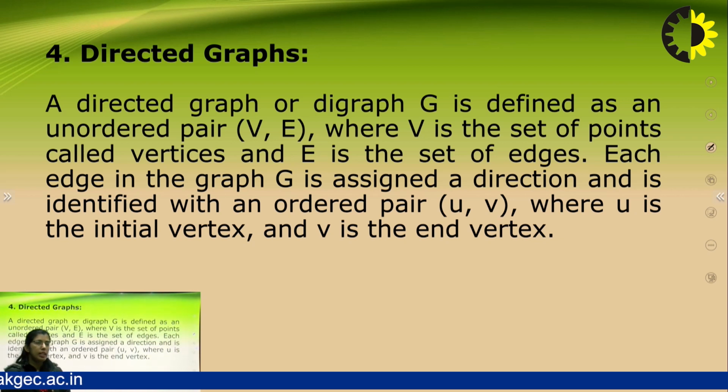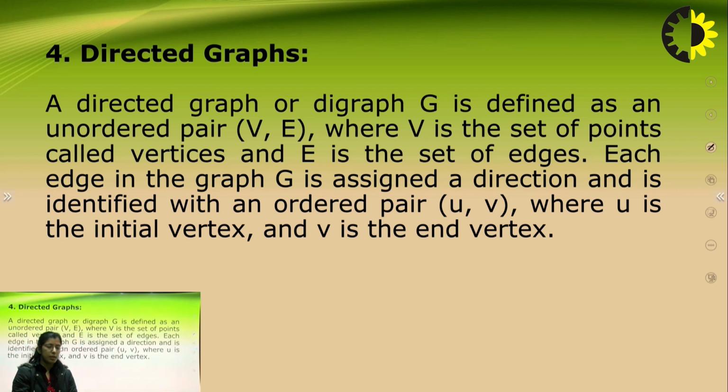Moving on to the next graph, which is the directed graph. The difference between the undirected and the directed graph is only this, that the edge set contains ordered pairs. What does it mean? For example, let's say we have this graph.